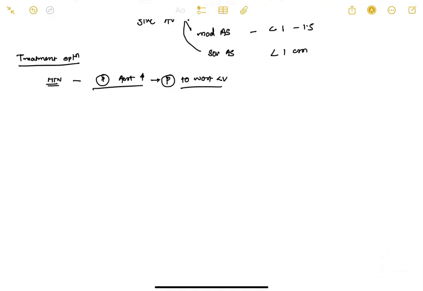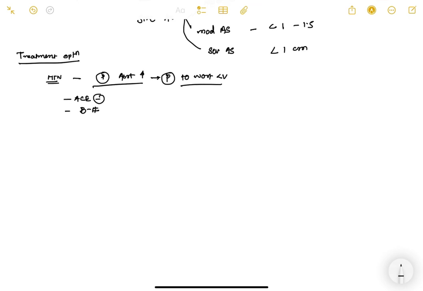I mean, the left ventricle has to put in more effort to push blood from its cavity to the aorta. So we must control the hypertension through ACE inhibitors or through beta blockers.